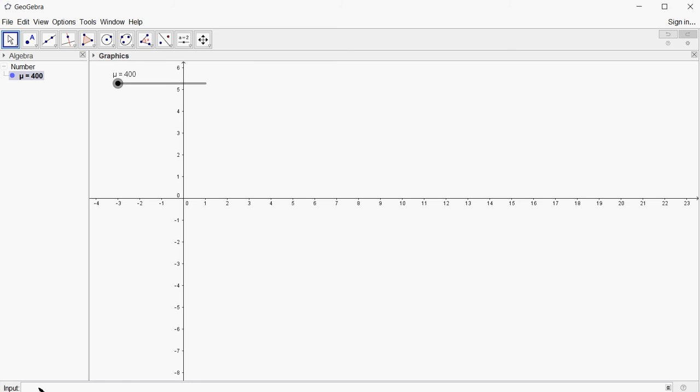Then the density function is going to be, so this is a normal distribution.